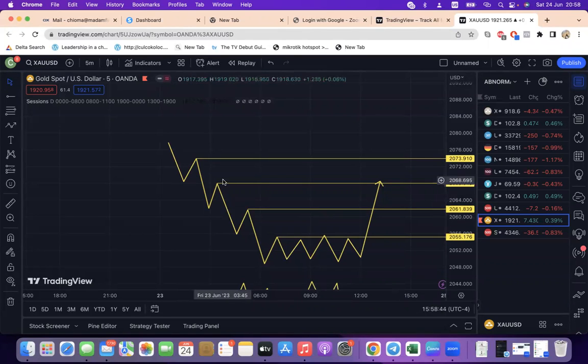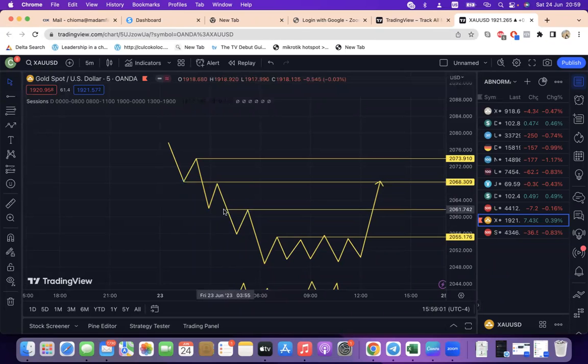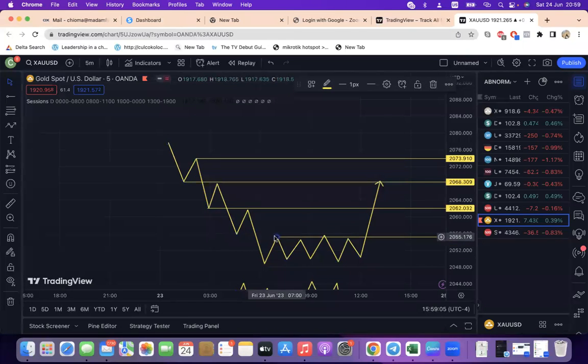So all the while it's doing this, it's just break of structure. All right, this is just a break of structure. So you find break of structures in continuations of a trend. This is a break of structure down there.